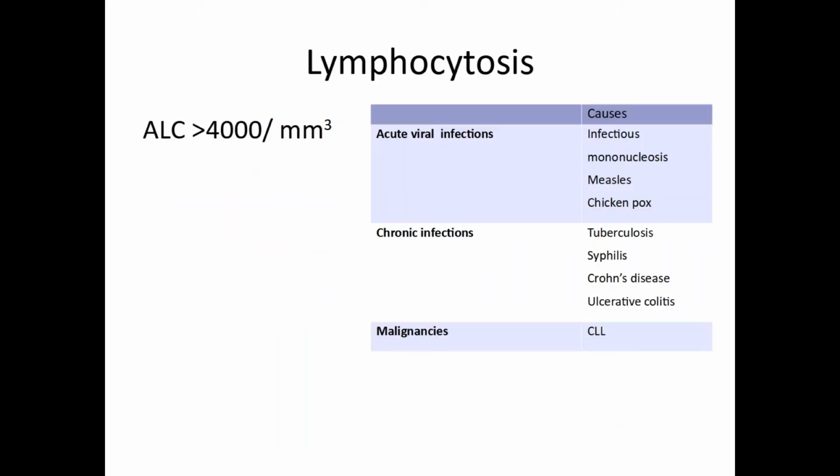Coming to the quantitative disorders of lymphocytes, the first is lymphocytosis, which means that absolute lymphocyte count has increased, particularly beyond 4,000 cells. The causes include viral diseases such as infectious mononucleosis, measles and chickenpox, some chronic infections such as tuberculosis, syphilis, inflammatory bowel disorders like Crohn's disease and ulcerative colitis, some malignancies such as chronic lymphocytic leukemia or CLL.